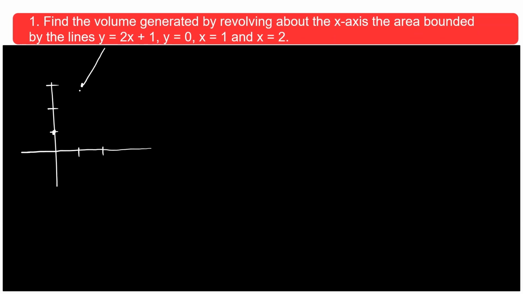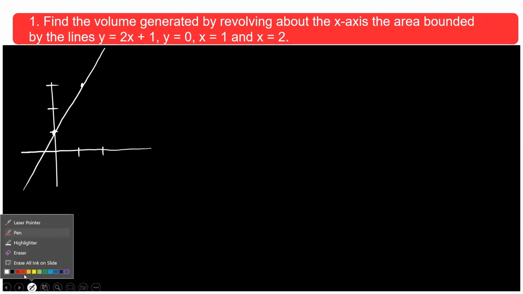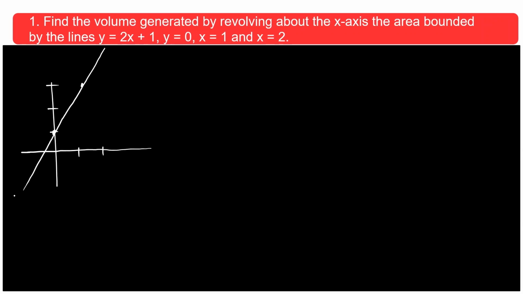So let's just say it's that one. And then what else? So that line is y equals 2x plus 1. When I say y equals 0, I'll just make them orange. Y equals 0 is the x-axis.